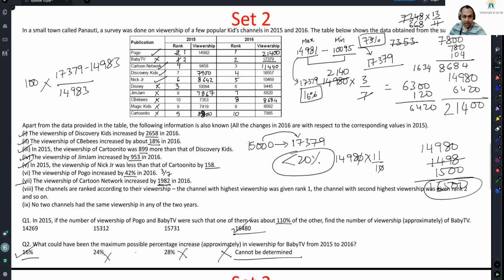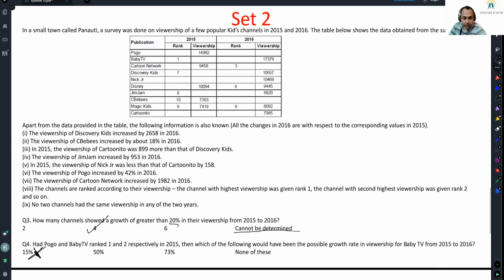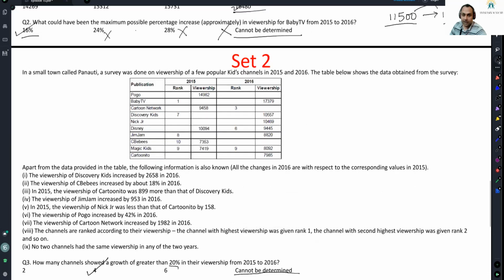I could very well have taken the Baby TV viewership as 11,500 to 17379. I could happily have taken this, in which case the change would have been roughly equal to 50%. So 50% is most definitely possible.